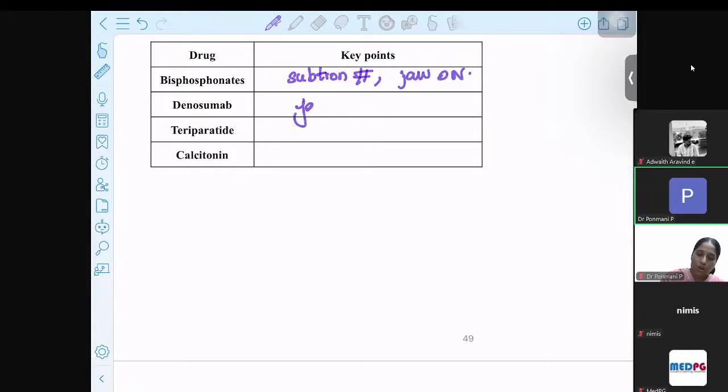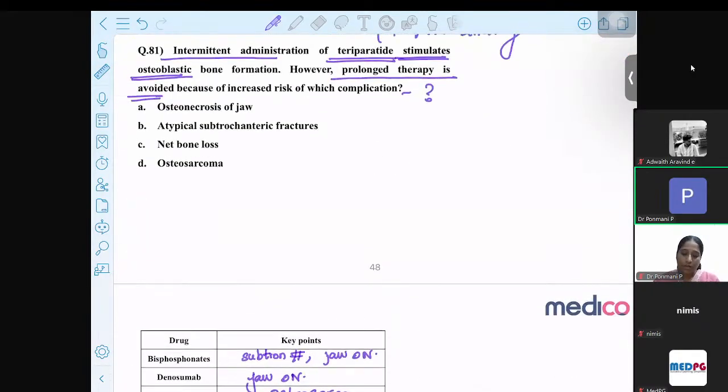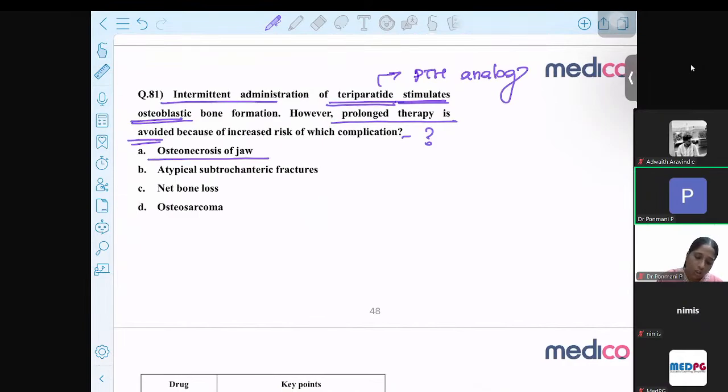Denosumab is also going to cause jaw osteonecrosis, and teriparatide is going to cause osteosarcoma. And calcitonin increases the chances of flushing. Okay. So the answer here is osteonecrosis of the jaw. Subtrochanteric fracture is for bisphosphonates.